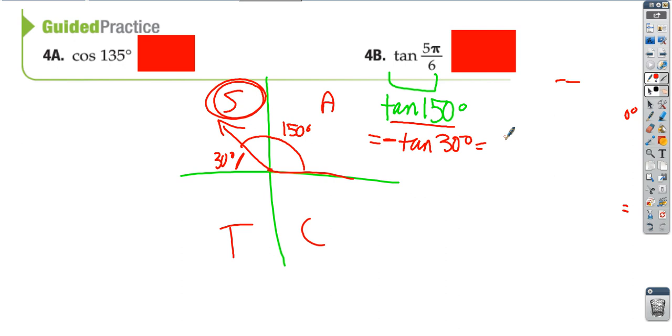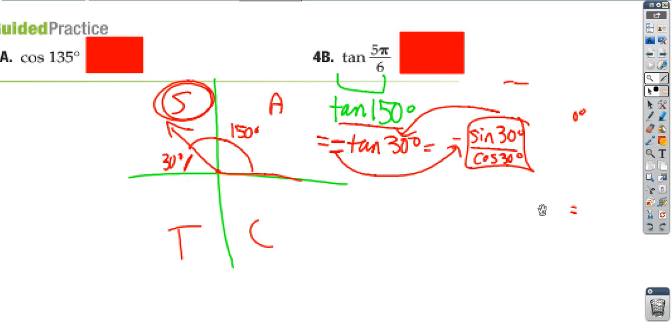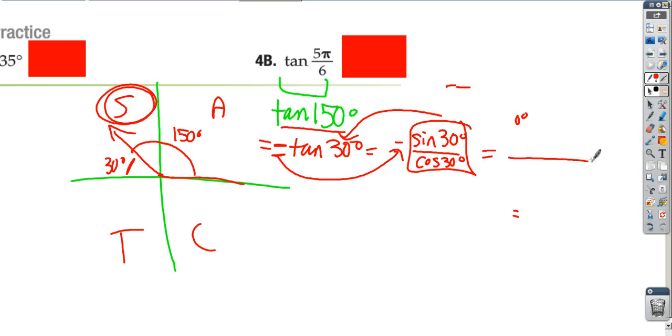Tangent is the same as sine over cosine. So really all we need to do is take this right here, which is equivalent to tangent. I still have this negative out front. I'm not going to change that. So the negative sine of 30 over the cosine of 30. Well, in that table, sine of 30 is 1/2. Cosine of 30 is radical 3 over 2.